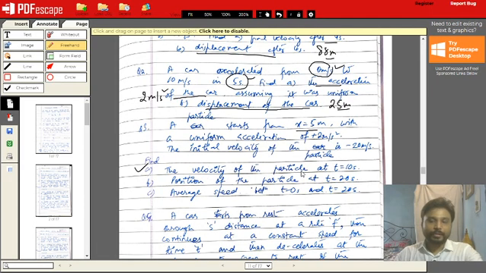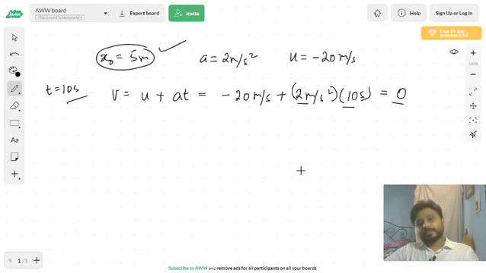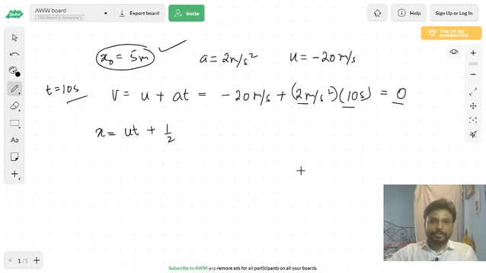So moving on, we have to find the position of the particle at 20 seconds. So x is equal to ut plus half at square. The displacement of the particle is ut plus half at square. Now as you can see, when we wrote this expression, you would remember that I specifically mentioned that the origin is at 0, but now we are not starting from 0, so we should use a better expression here.